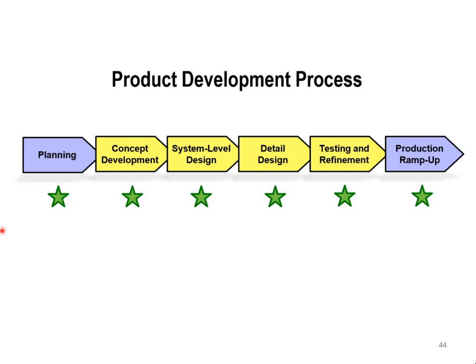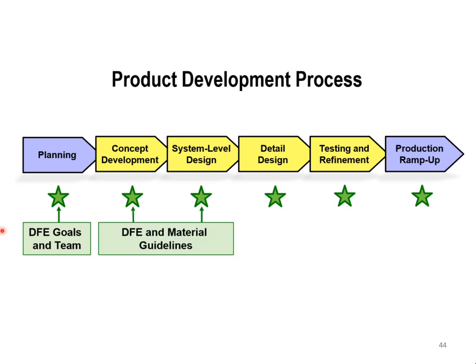So now the product development process, and let's see how we are going to involve the design for the environment. From the planning, we can simply set the DFE goals and team. In the second and third stage, we can add DFE and material guidelines to the concept development and the system level design.